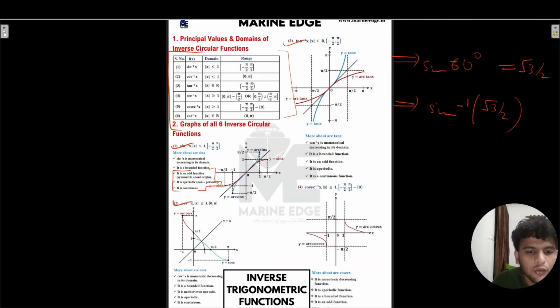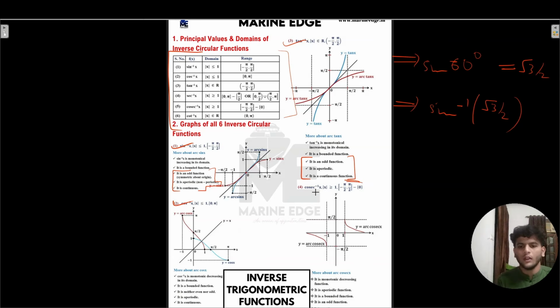Also you should know that the cos inverse function is neither even nor odd. We had studied a case before, a bullet point which mentioned that a given function can be neither even nor odd. For tan inverse x, you should know that tan inverse x is an odd function. You can actually see this from here. It is also aperiodic and it is a continuous function.